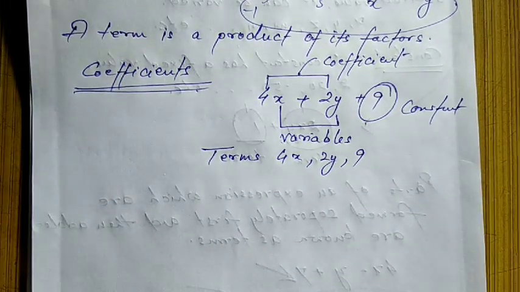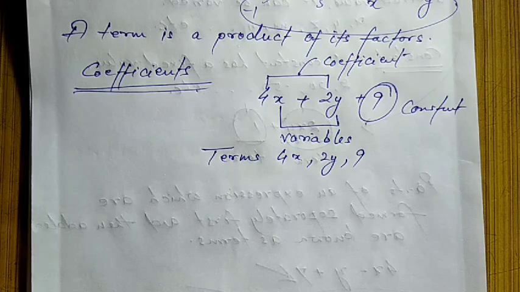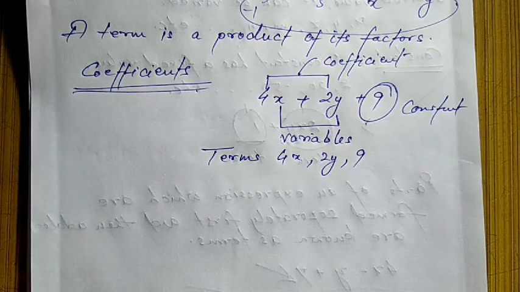How many terms are there? There are 3 terms. So in general, what is the definition of coefficient?